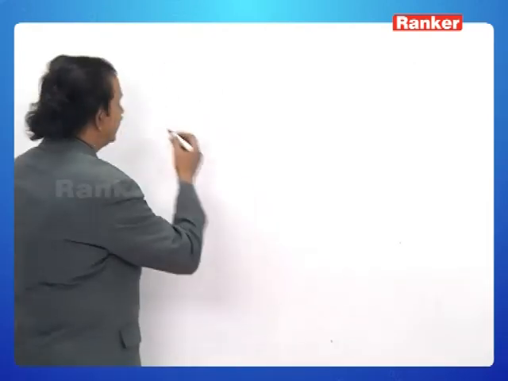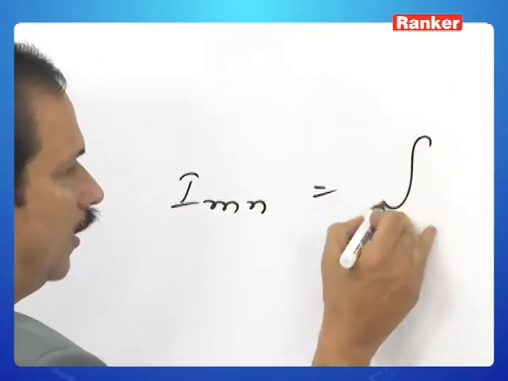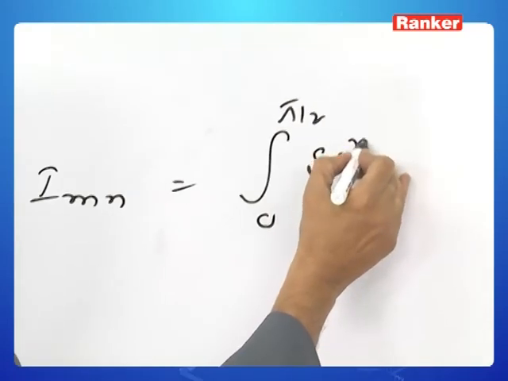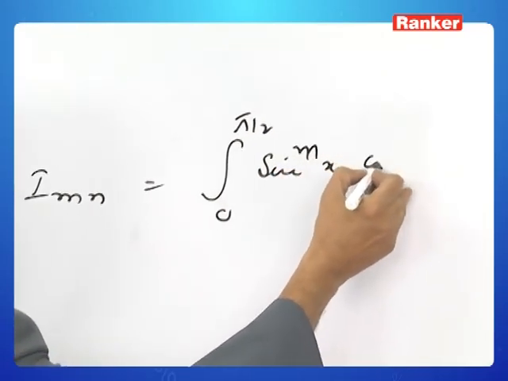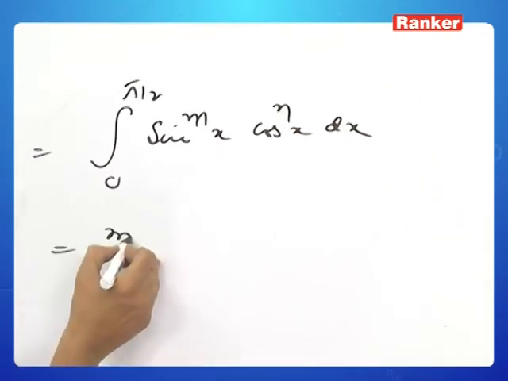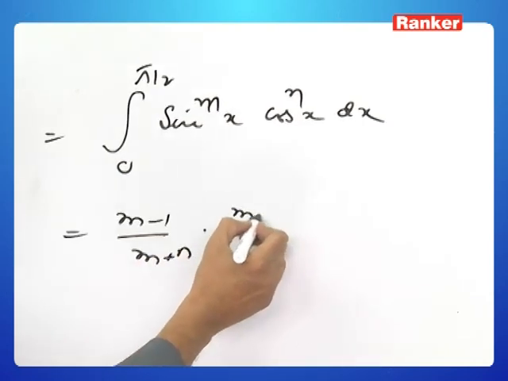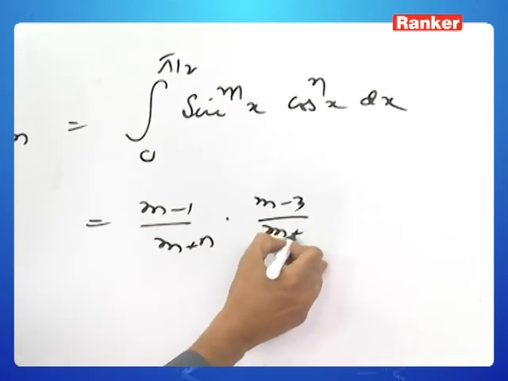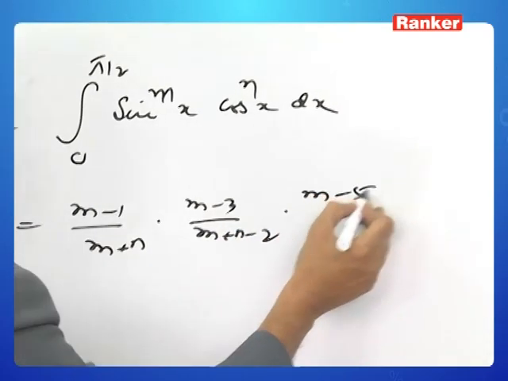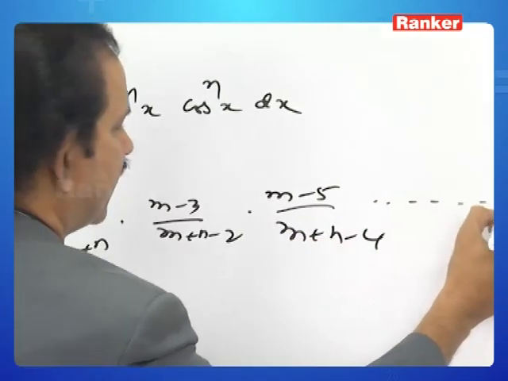I m n is equal to integral 0 to pi by 2 sin power mx into cos power nx dx is equal to m minus 1 by m plus n into m minus 3 by m plus n minus 2 into m minus 5 by m plus n minus 4 into etc.